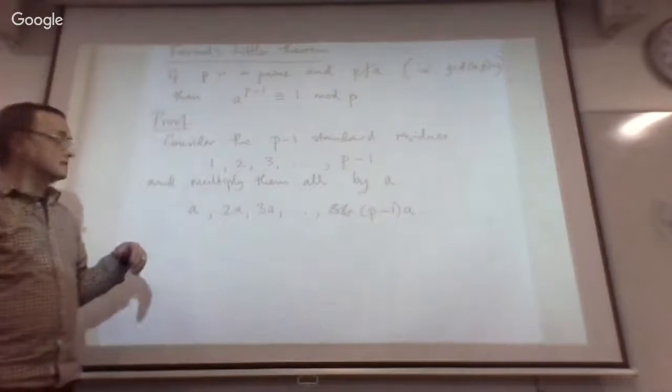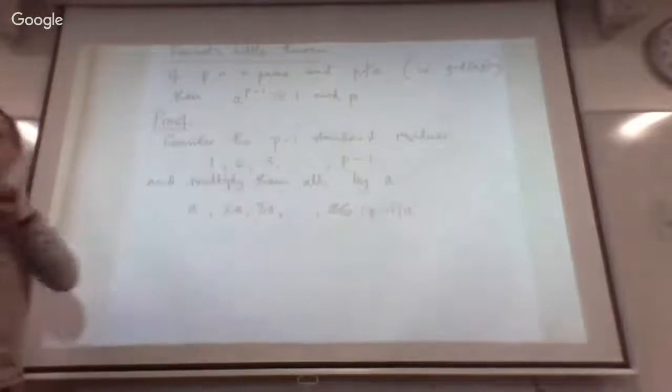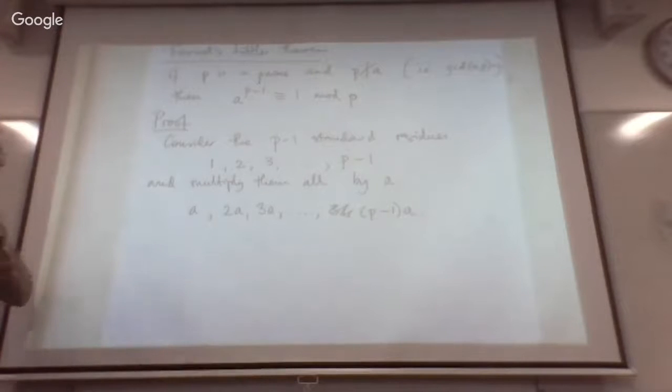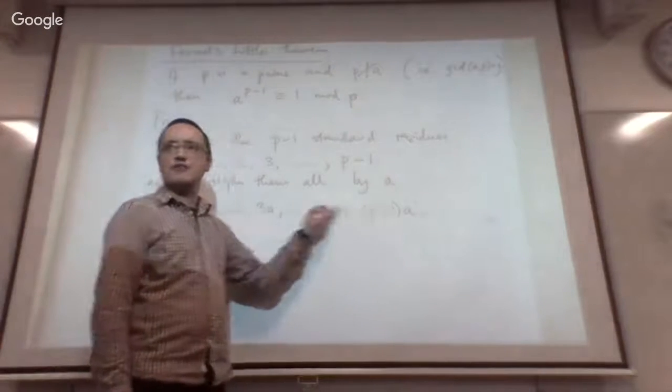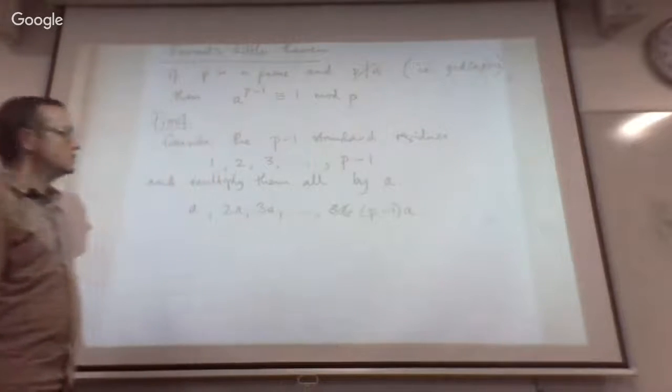Then we'll have A times A times A times A, we'll have A to the power of P minus 1, and that'll be multiplied by P minus 1 factorial. You've got 1 times 2 times 3 times 4 all the way to P minus 1.